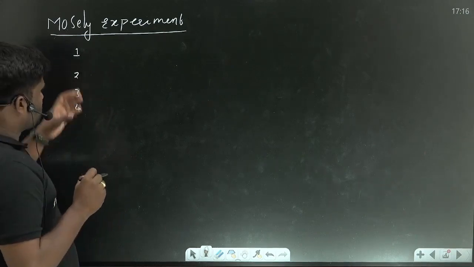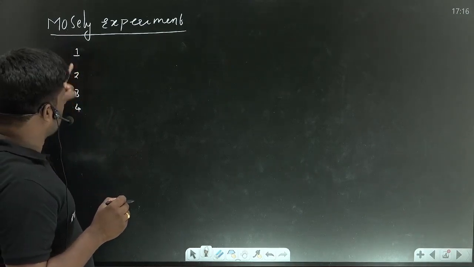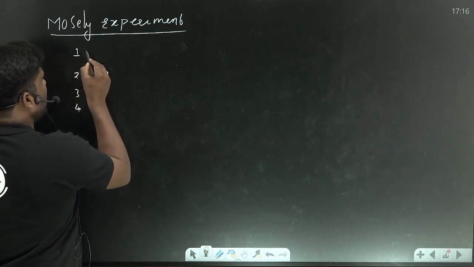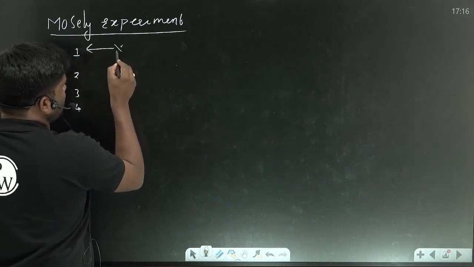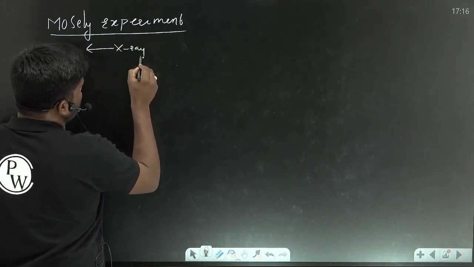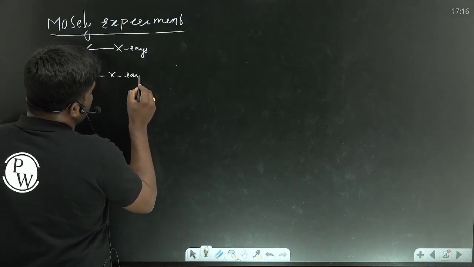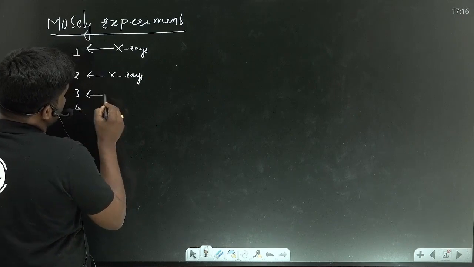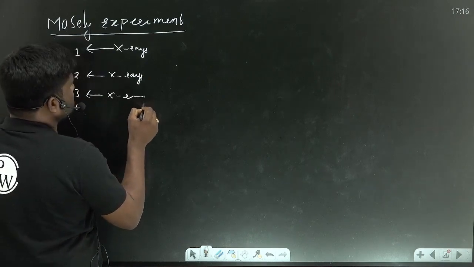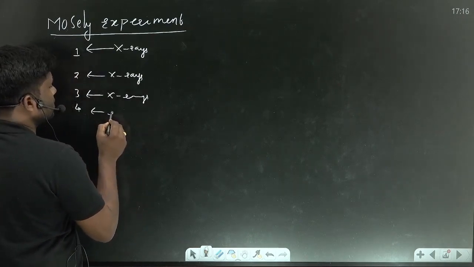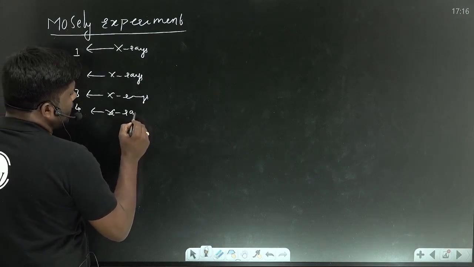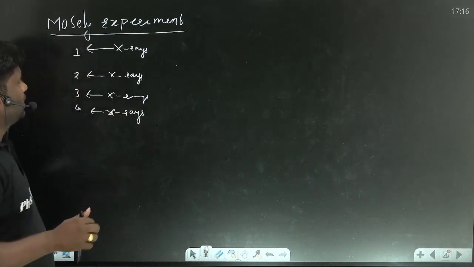Like that, he took some atoms whose atomic numbers are 1, 2, 3, 4, and he passed X-rays through these atoms. He passed X-rays through the atoms.